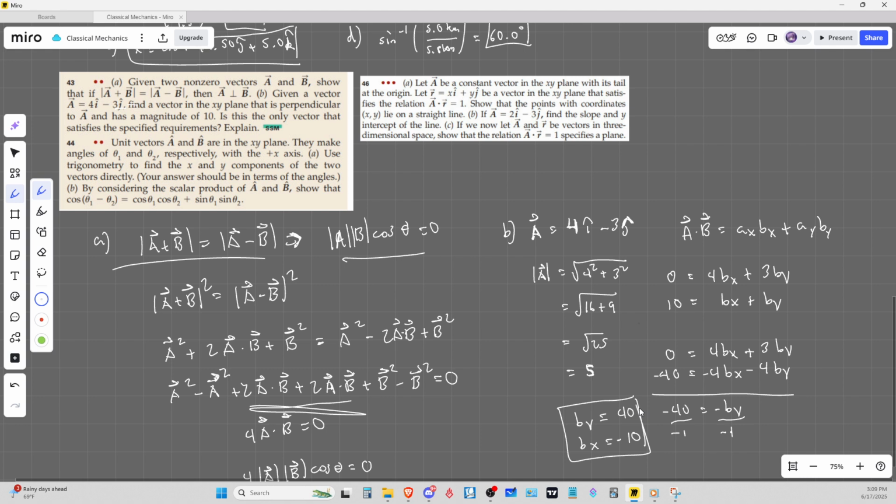Now the second question: is it the only vector that satisfies the requirement? Given that they're both even numbers, being even probably doesn't mean anything, but it feels like they could be scalars. So you could reduce this down to its major components.